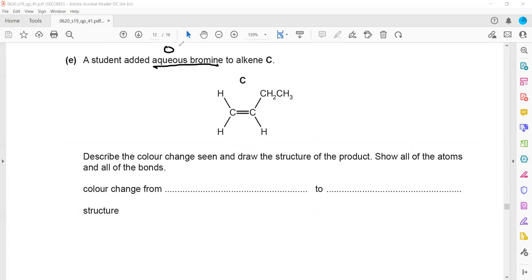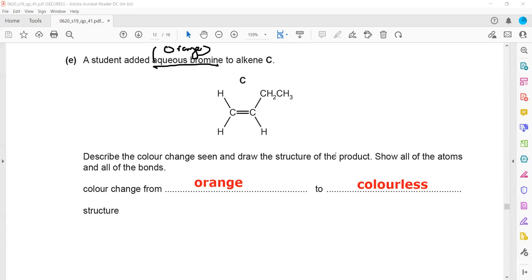Aqueous bromine is originally orange in color, but when it reacts, because bromine is removed and combined with the alkene, what color change will we observe? It will start with orange, and the final color will be colorless. There will be no color.